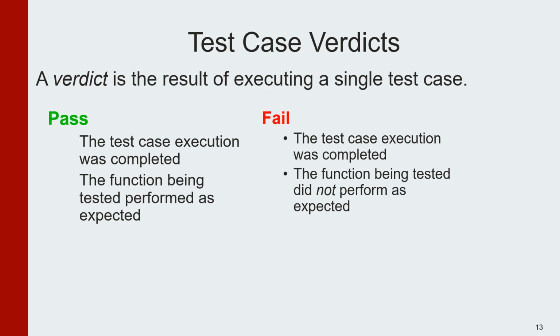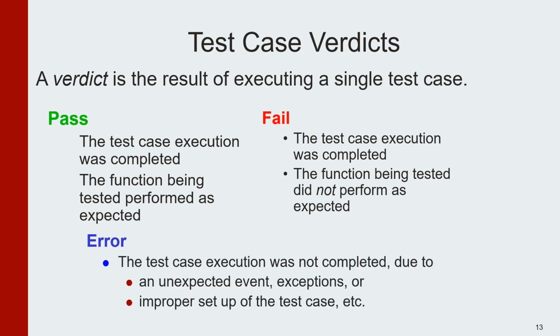And if you fail, the test case was completed and the function being tested did not perform as expected. Now, of course, it's turtles all the way down. You can have errors in your test program. So you can have an error, maybe the test case was not completed because of some other event or exception occurring, or you've set up the test case incorrectly.